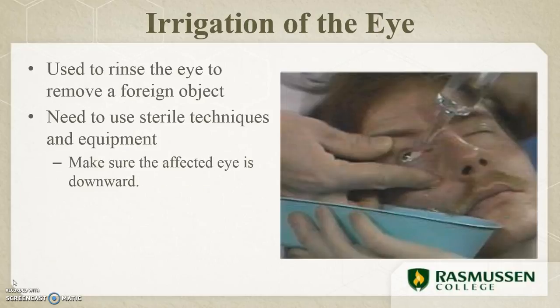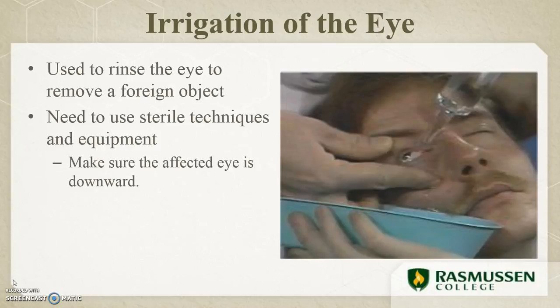Along with doing vision acuity testing, medical assistants may be responsible for performing eye irrigations or instilling eye medications. When you're irrigating the eye, you will rinse the eye to remove any foreign substances, objects, or chemicals. This requires the use of sterile techniques and equipment.